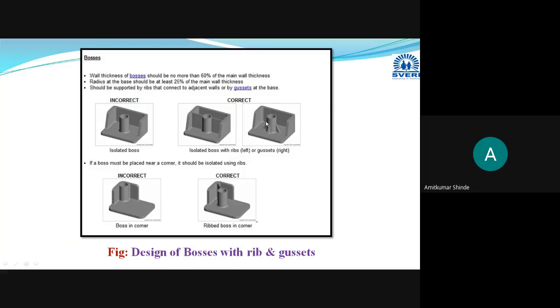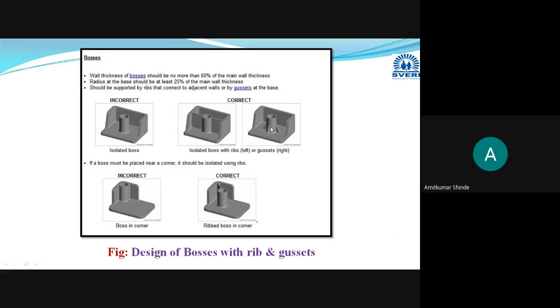This is the boss designed away from the wall. From this side and from all four sides, you have to provide gussets or ribs.